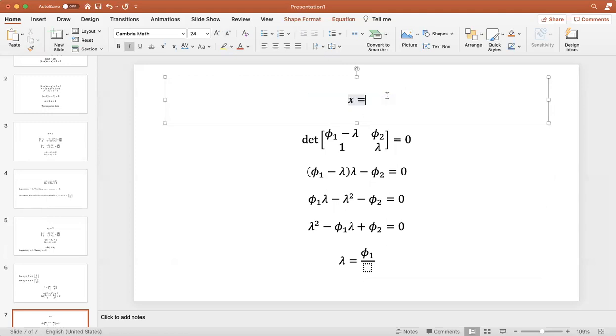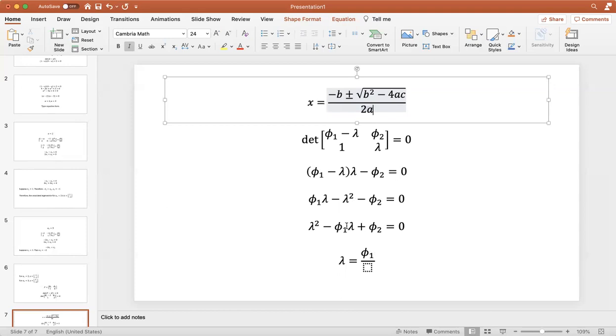So x is equal to negative b plus or minus the square root of b squared minus 4ac, over 2a. All right.